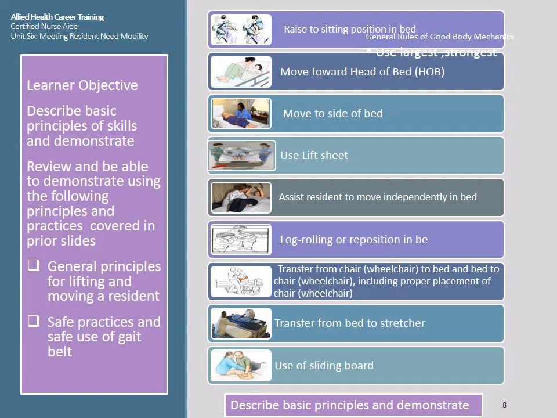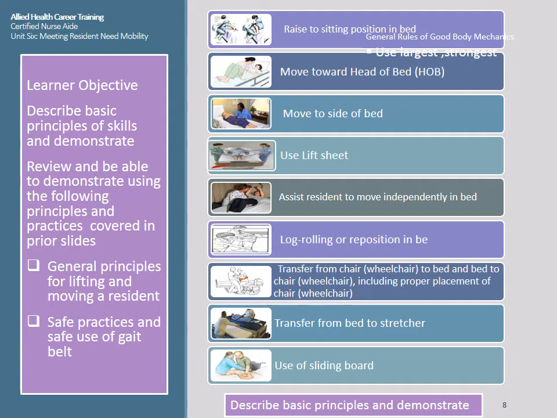We are going to assist each other to raise to a sitting position in bed from a lying position. And then we will go from a sitting position to a standing position. Remember, you're going to need to ask the person, are you lightheaded? Are you dizzy? Is your vision blurred? Then you need to remember what to do if that is the case.